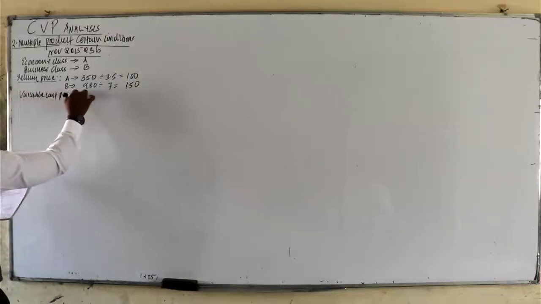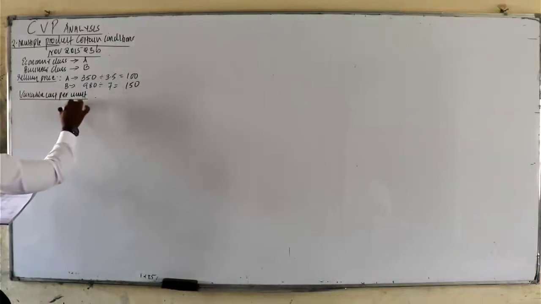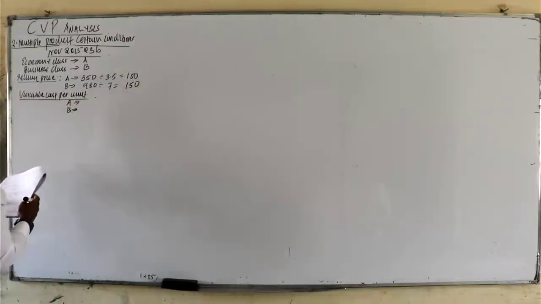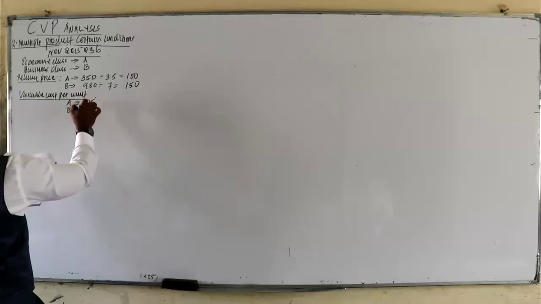Then we have the costs. We have the ingredient, which is variable. Labor is fixed, admin is fixed. So how much is the variable cost per unit? We do the same. We have A and we have B. The only variable cost here is 175.